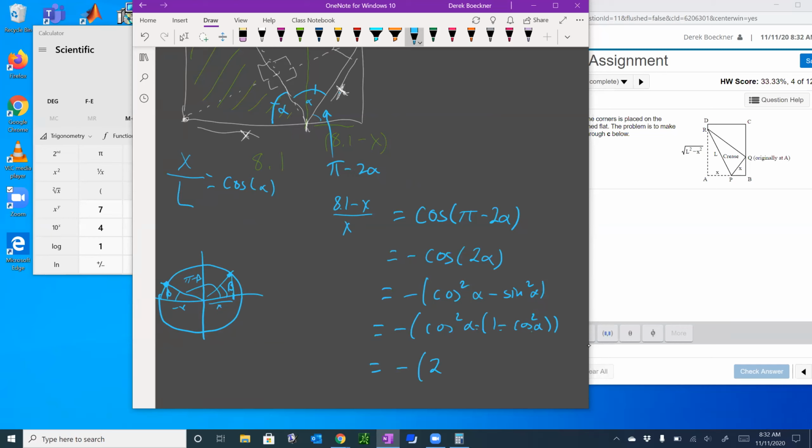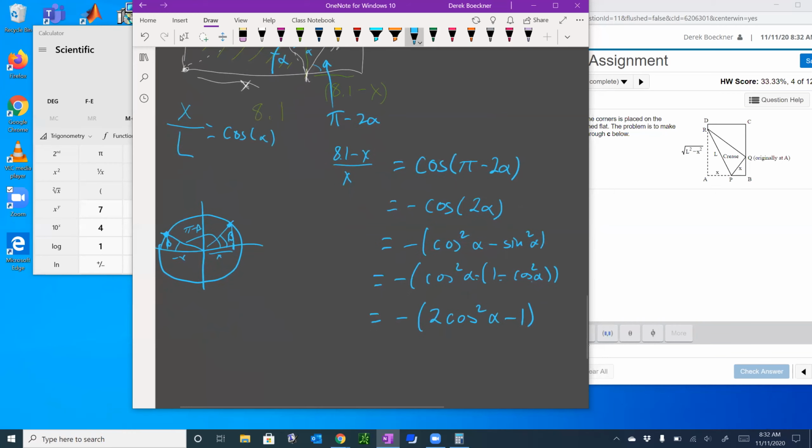That's minus 2 cosine squared alpha, and then that minus 1. So this is equal to 1 minus 2 cosine squared alpha.